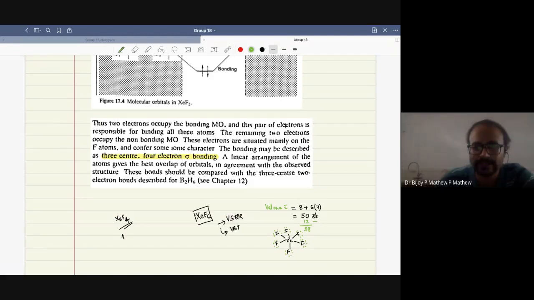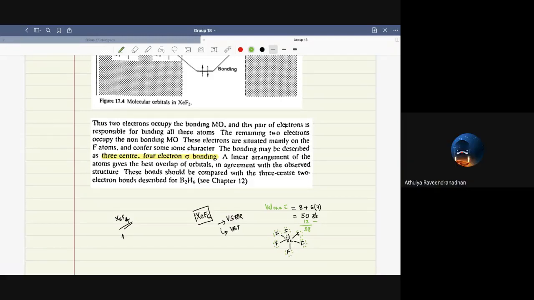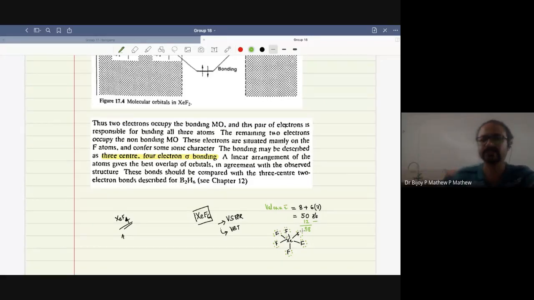Then 2 electrons extra would be on the xenon atom: 37, 38.